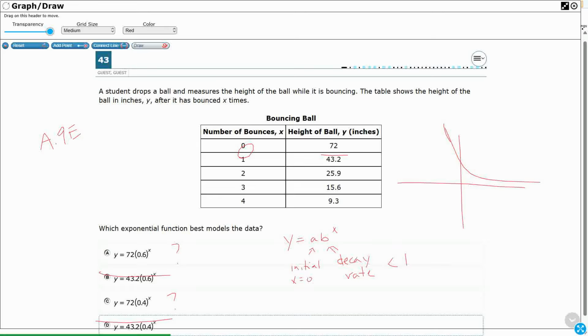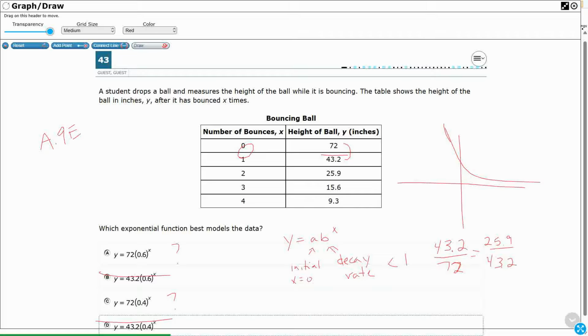Well, you can always find this rate by taking each term and dividing it by the previous term. So for example, we can say 43.2 divided by 72. That's going to be the same as 25.9 divided by 43.2.